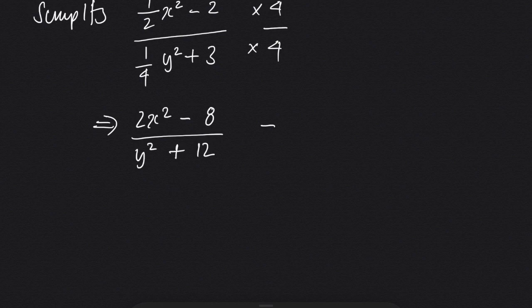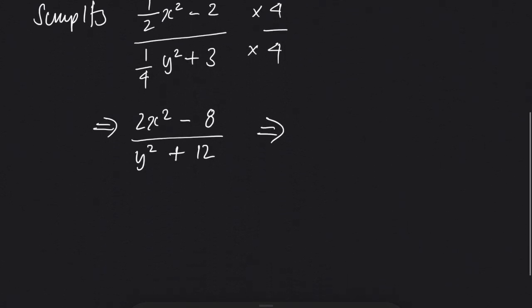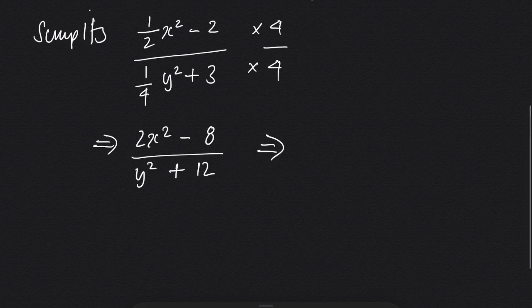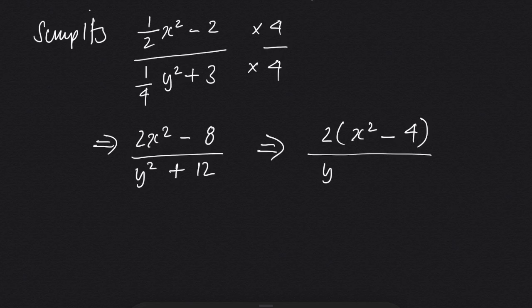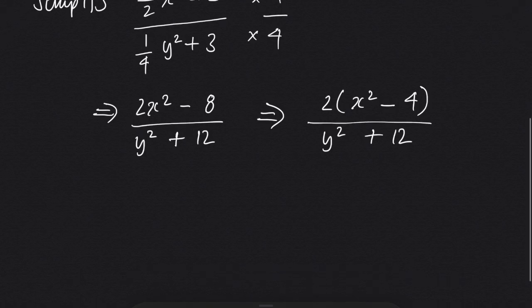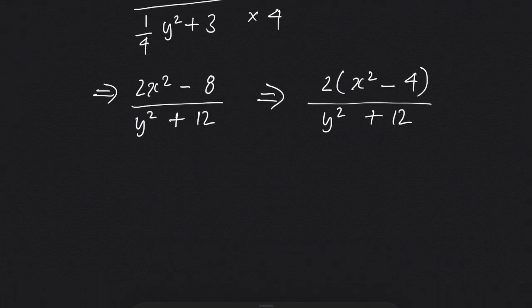But can we simplify this further? Well, yes, we can. We can take the idea we used previously with the brackets, and take a factor of 2 out of the top. So 2x squared divided by 2 would be x squared, minus 8 divided by 2, which would be 4, all over y squared plus 12. But is it now possible for us to further simplify this top?